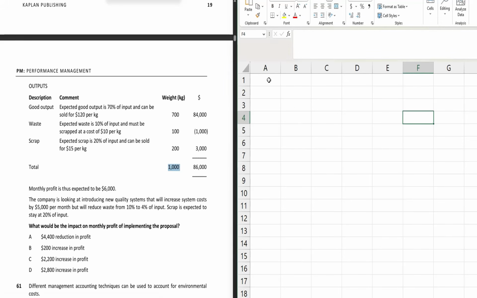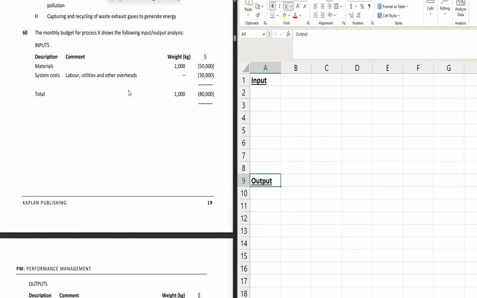So we have input and also we have output below. Okay. So now input is materials which will be weight 1000 kg and cost will be 50,000.